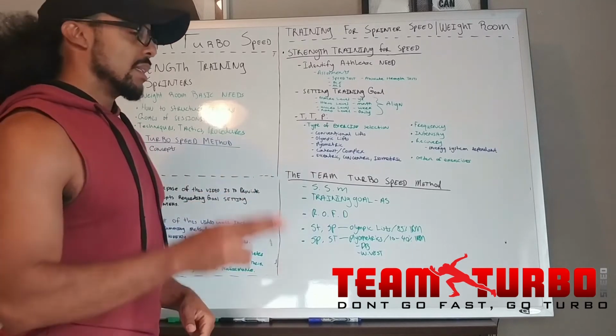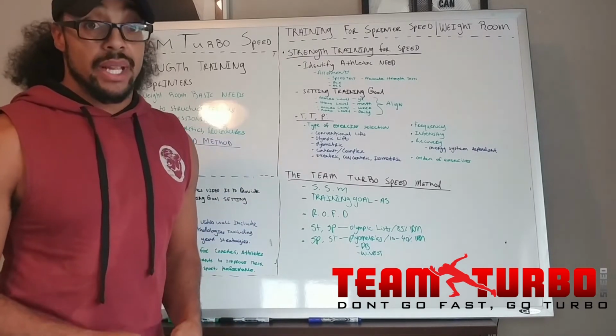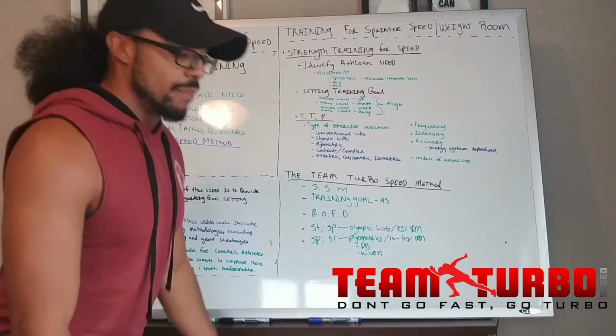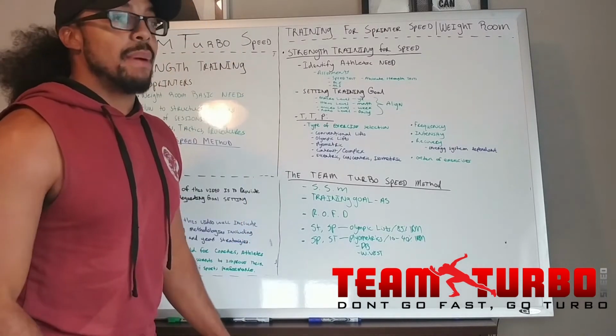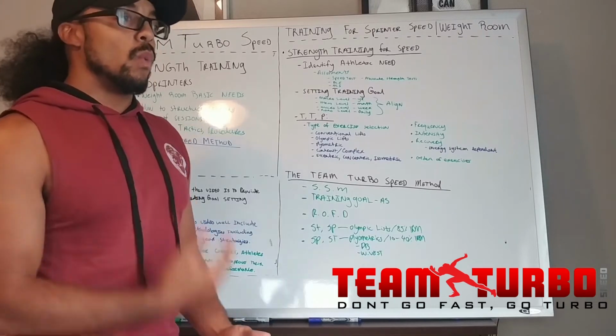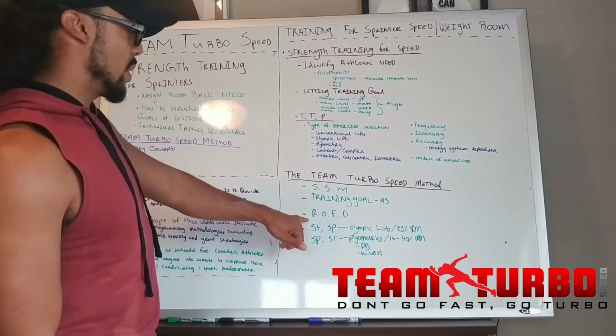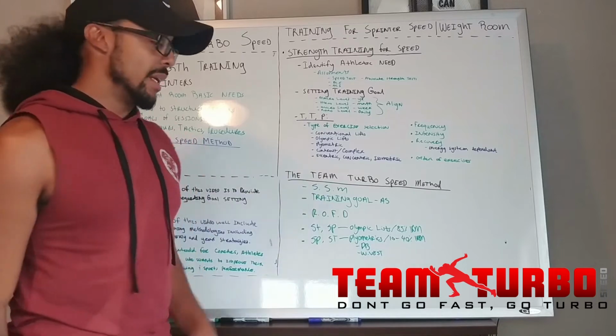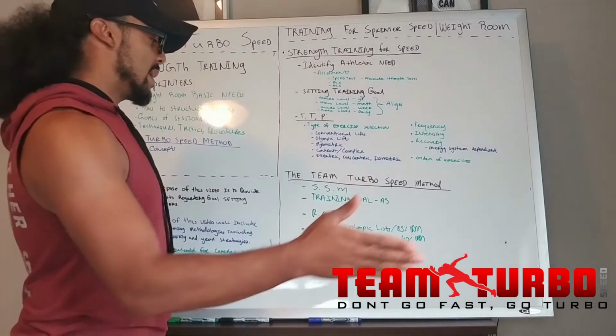Earlier in the video, I talked about the most beneficial Olympic lifts you should be doing: your hang cleans from the knees and power cleans from the floor. Those are going to be your number one biggest bang for your buck, especially when it comes to rate of force development. All right, so that's the big key number 4.